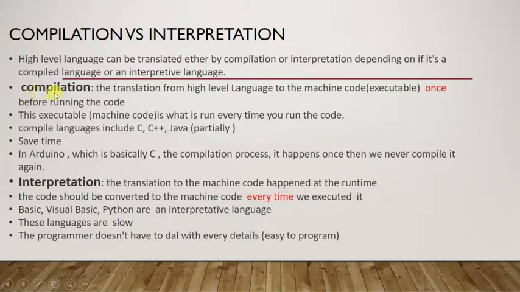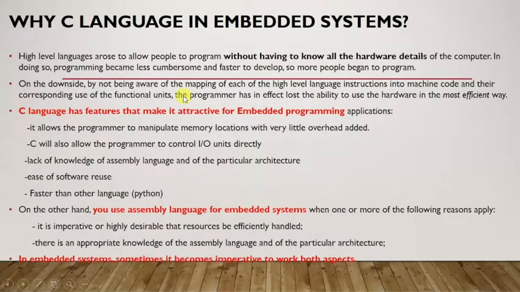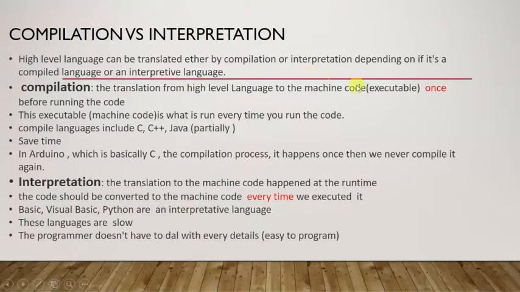Compilation is the translation from the high-level language to the machine code, the executable file. When you write a file, it cannot be executed directly. It must be translated to machine code. The machine code will be the executable file. In compilation, you do this process one time, just before running the code. So compilation is the translation from high-level language to low-level language once before running the code.